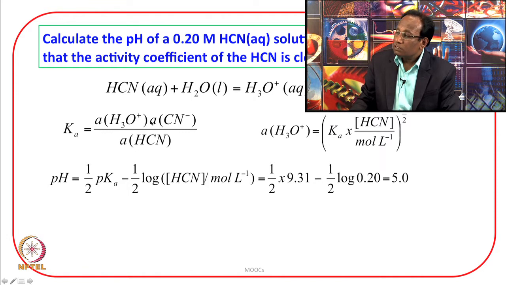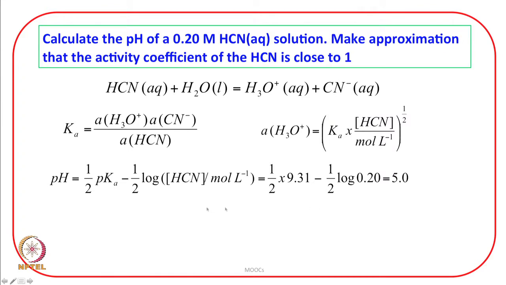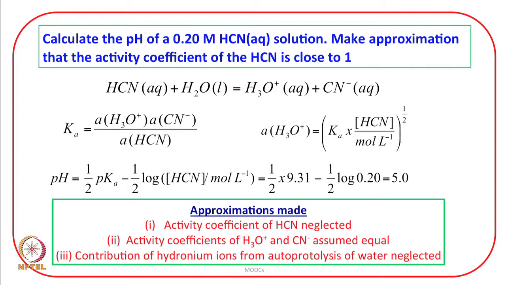Now, in this example we discussed how to do the calculations for pH. As I said, for elementary chemistry, these calculations may be okay, because in these calculations we have made assumptions. And what are those assumptions? Let us take a look.